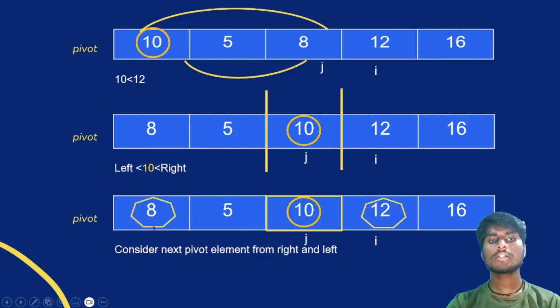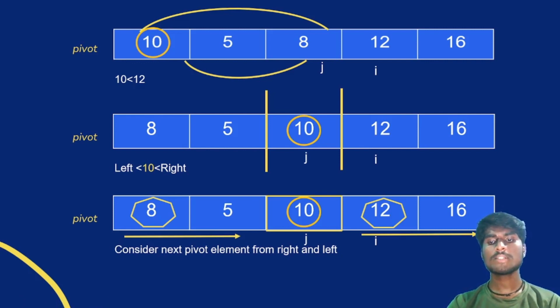For our first partition, we consider the pivot element as the first term, and for the second partition also we consider the pivot element as the first term. Then we follow the same steps with the quicksort technique, and we will get the result in the next slide.